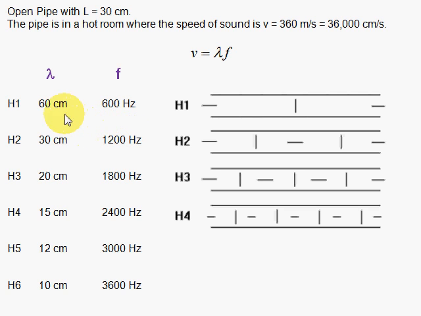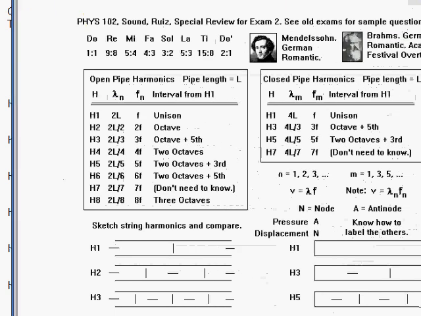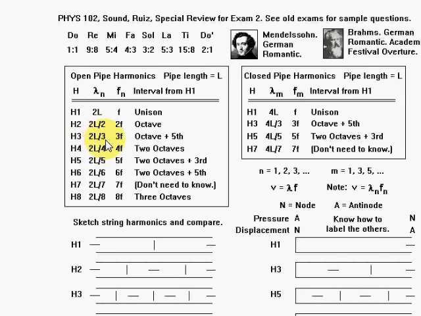What about playing this game with the wavelengths? Well, we can give you the fundamental wavelength at 60 centimeters and ask for the third harmonic wavelength, and the chart here says that the third harmonic wavelength is 1/3 of the first.